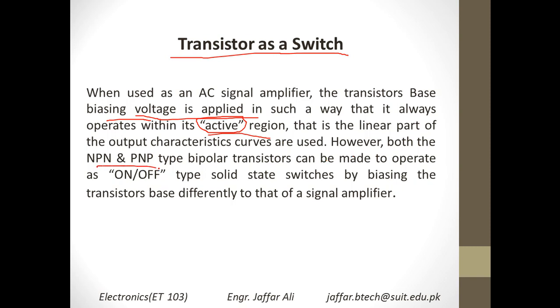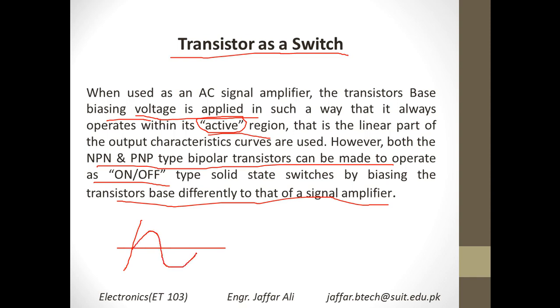However, NPN and PNP both use bipolar transistors, and these can be made to operate as on-off type solid switches by biasing the transistor differently to that of a signal amplifier. If you are getting a signal, by just allowing it, you can make it on. I discussed in the previous class that in NPN the base emitter junction is forward biased, and the base collector junction is reverse biased.